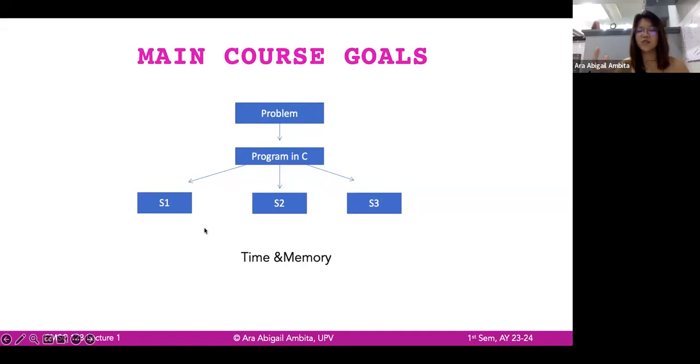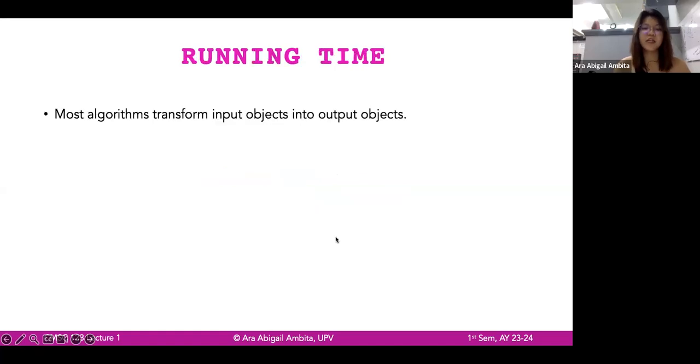One way to do that is by measuring the amount of resources that a certain solution or algorithm consumes. Two of the most common ways to assess are the running time as well as the memory resources. What about the running time?